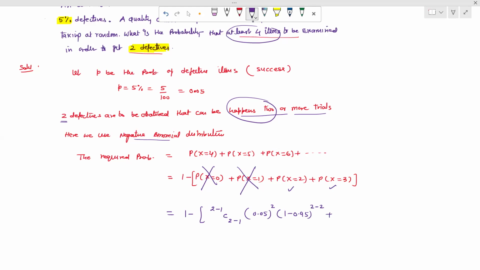Plus for x equal to 3, so this is 3 minus 1 c 2 minus 1, and 0.05 raised to the power 2, into 0.95 raised to the power 3 minus 2.